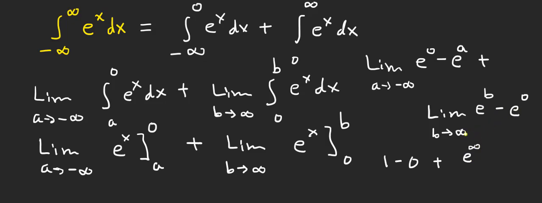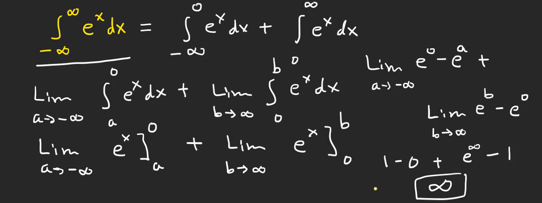And what about e to the 0? That's 1. So you end up getting e to the infinity, which is infinity. Therefore, this improper integral diverges because we do not have a finite answer.